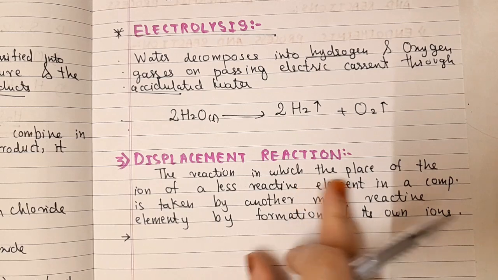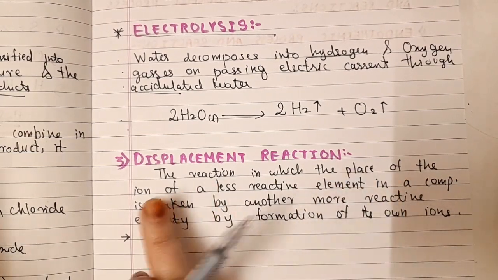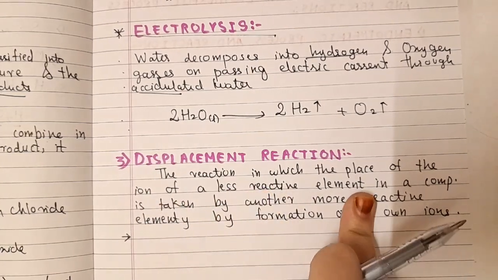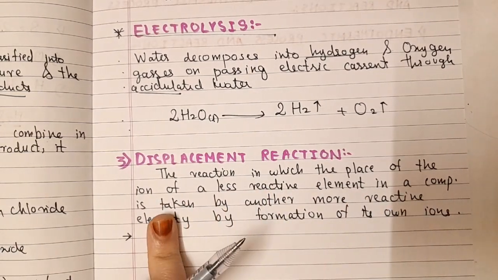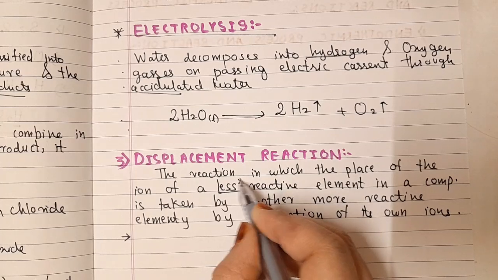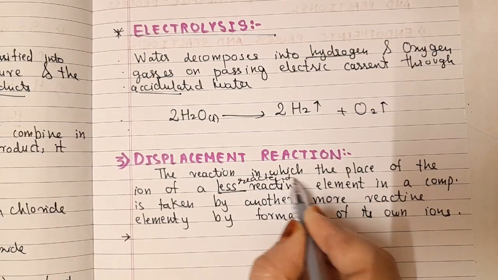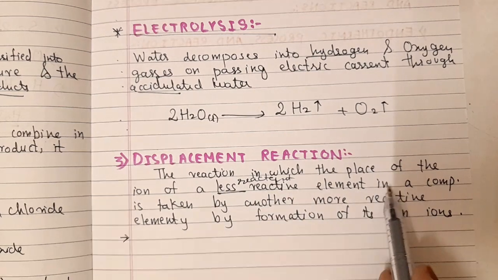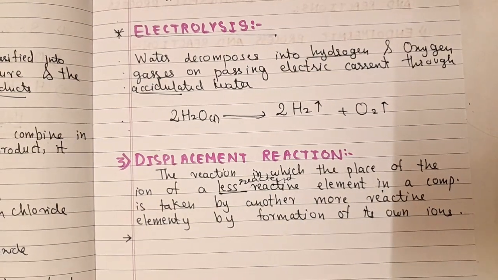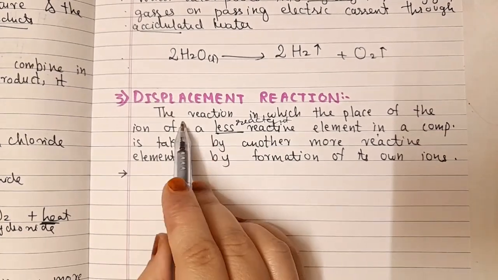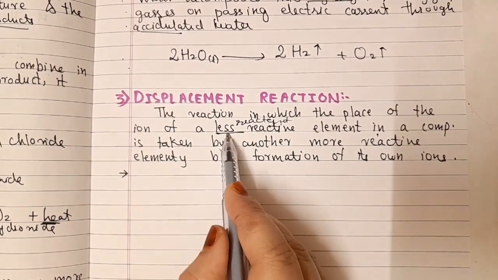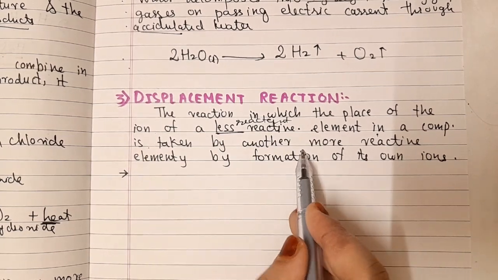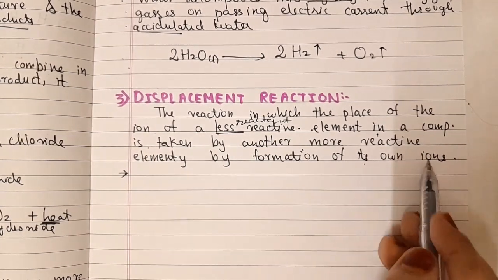The reaction in which the place of the ion of a less reactive element in a compound, so this will be our reactant side, okay, so in the reactant, the less reactive element's place is taken by another more reactive element by formation of its own ion.